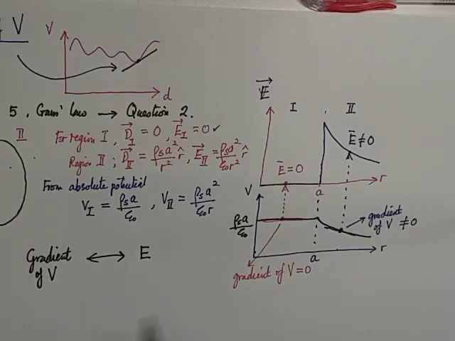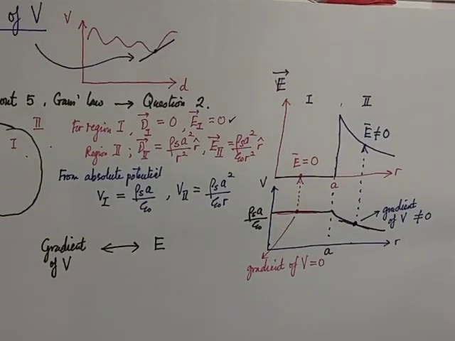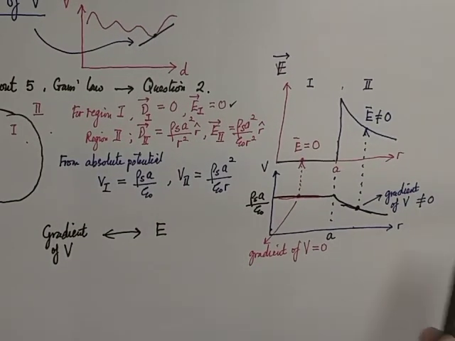Meaning when the gradient is not equal to 0, E is not equal to 0; when the gradient of V is equal to 0, E is equal to 0. So that's what we can conclude based on the result we obtain.